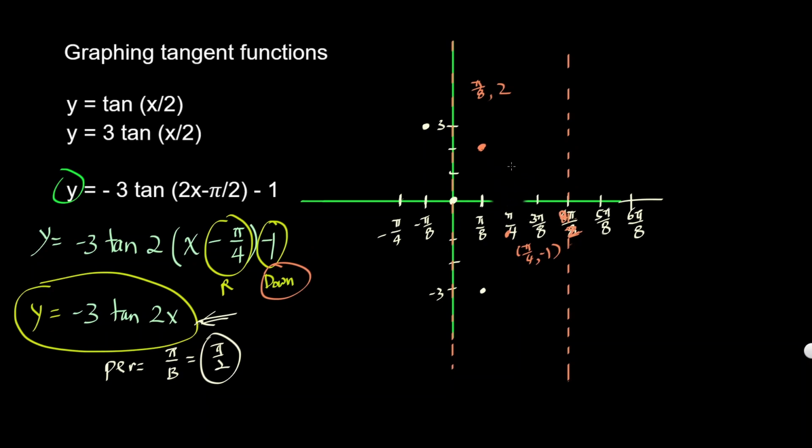So get rid of that. Okay. And then that point will go right 2 and then go down 1. So that'll be at 3 pi over 8 comma negative 4. Okay, it's pretty easy, right? And then just connect the dots, make it look like, dance a little bit here. Boom, like that. Okay, so that's how you do tangent graphs here.